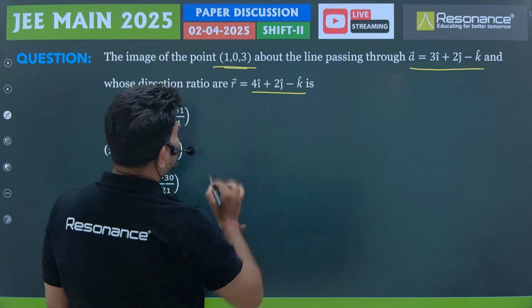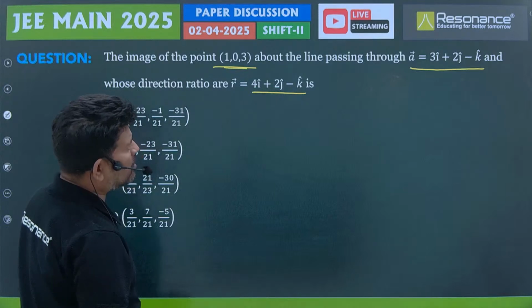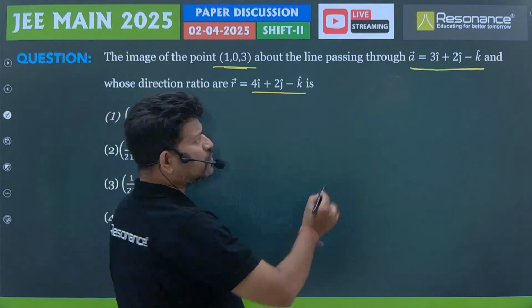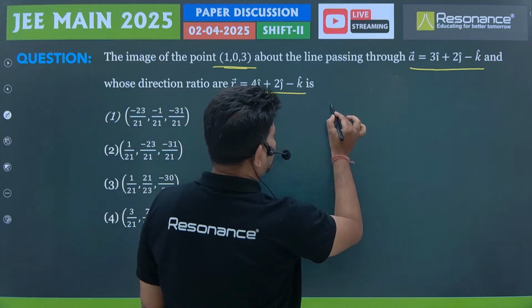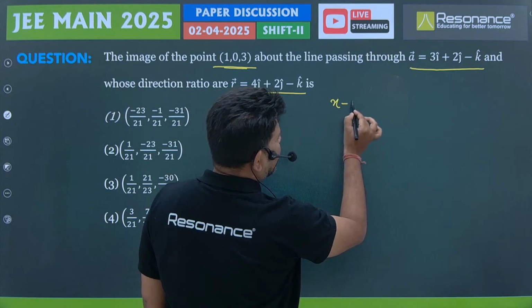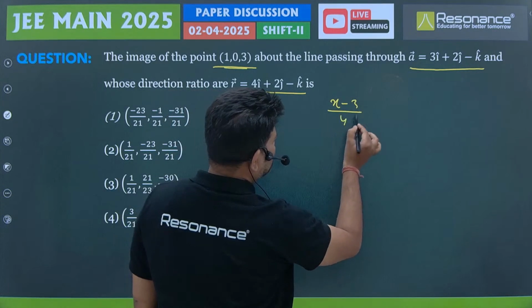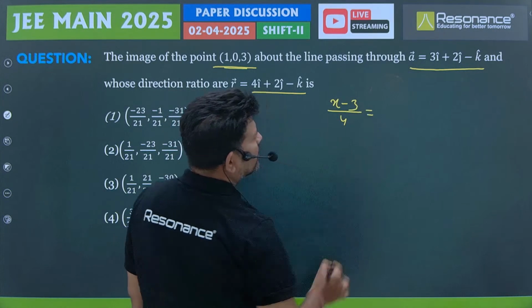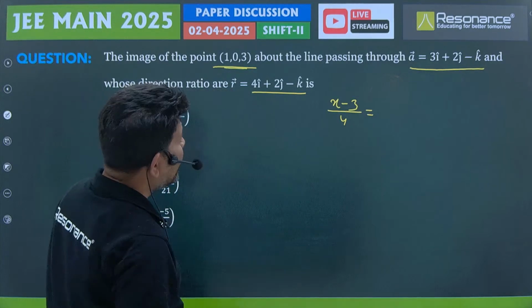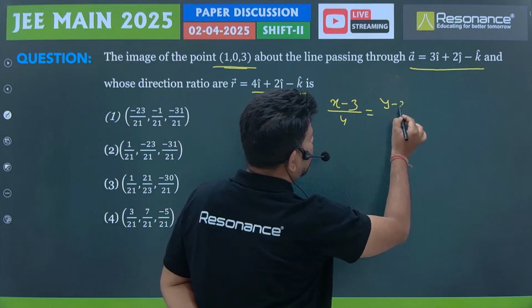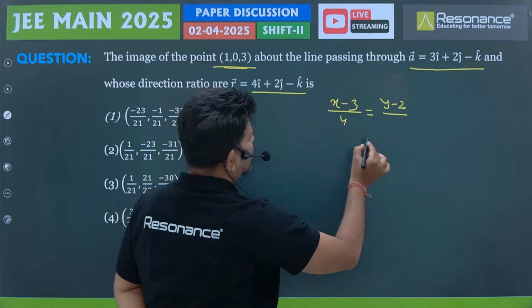The point is 1, 0, 3. This you can convert into the Cartesian equation format. How can we convert it? x minus 3, and this direction ratio is 4. So we write 4 here, equal to y minus 2, and this direction ratio is 2.